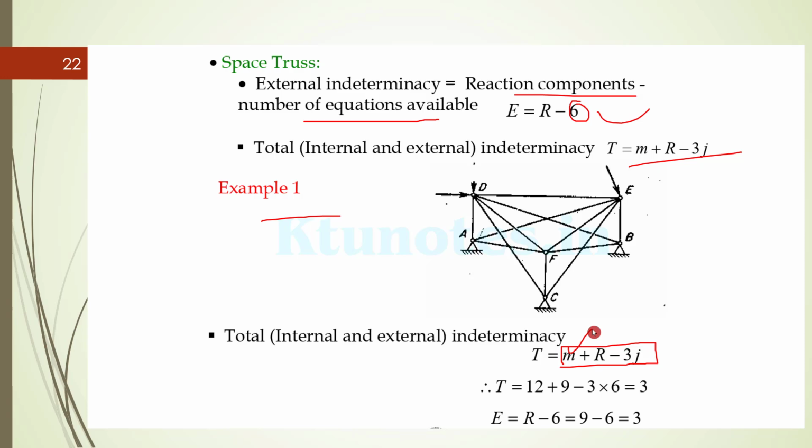If you count the total members in this space truss, it will be 12, and the R will be actually 9.